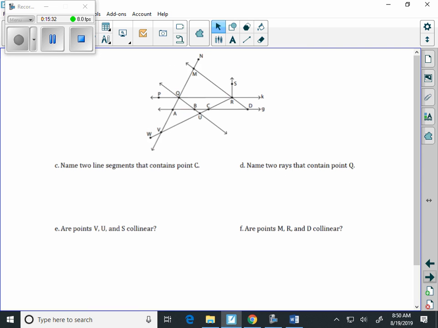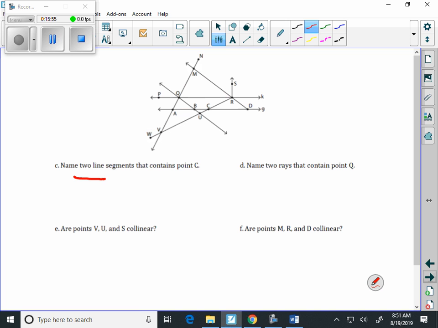Letter C. Name 2 line segments that contain point C. Just a reminder, line segment has that symbol if you want to get technical. It's got a point at the end and a point at the end. I do not write those. Just do a straight line. Well, we could keep it real simple.